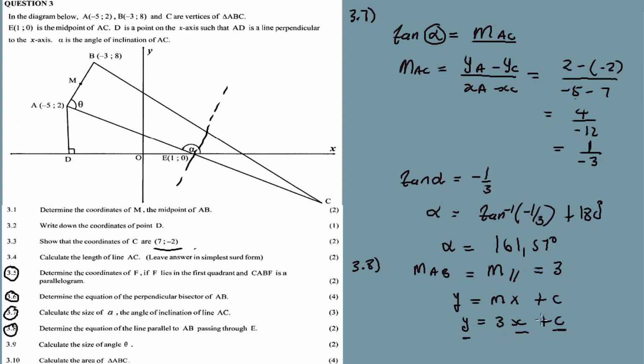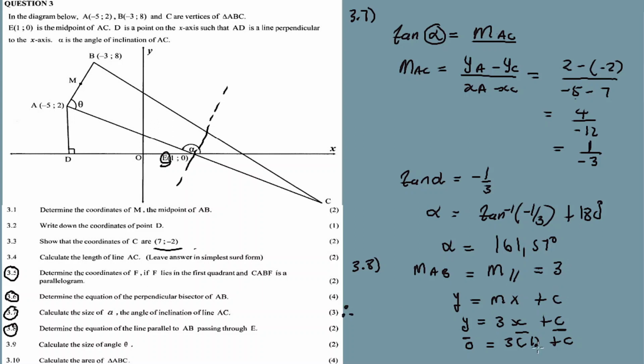What coordinate do I substitute to find the value of c? Since the parallel line passes through E, we use the coordinates of E to find c. So y is 0, 3 times x, which is 1, plus c.